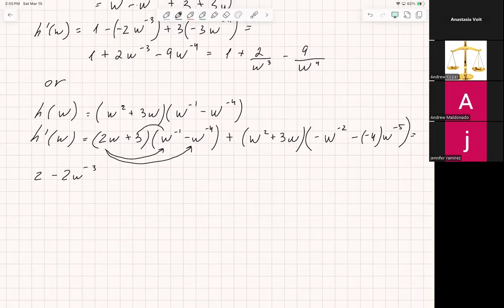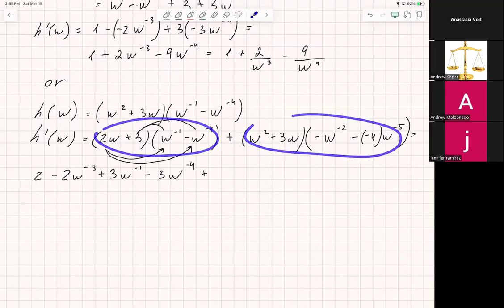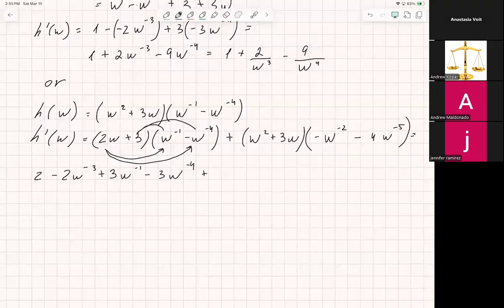Now I have 3 times w to the -1, so plus 3w to the -1, and then 3 times -w to the -4th. So that's the first part. Second part now. Let me just write here plus because that will confuse me at the end.